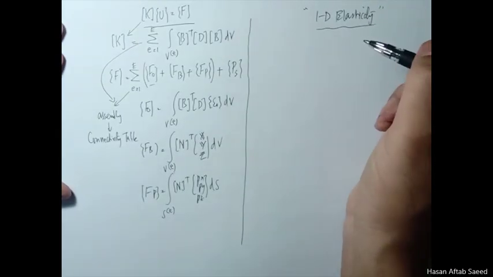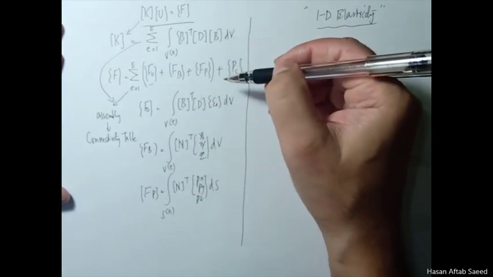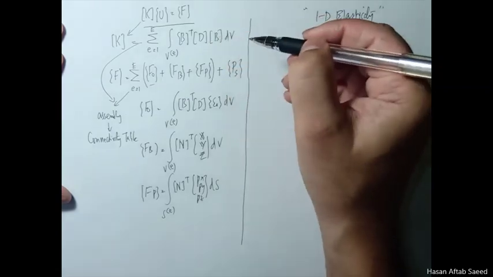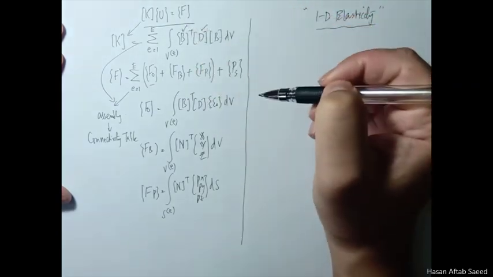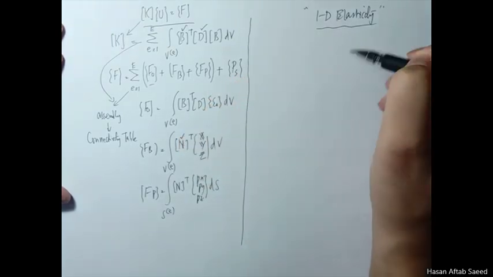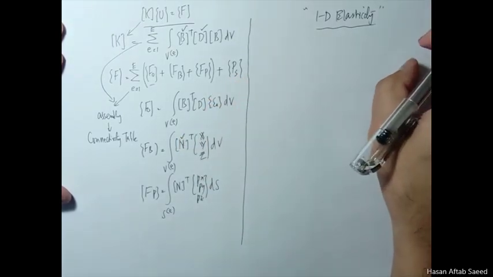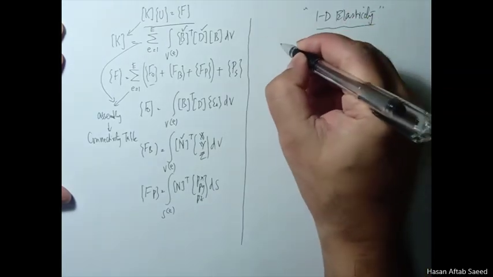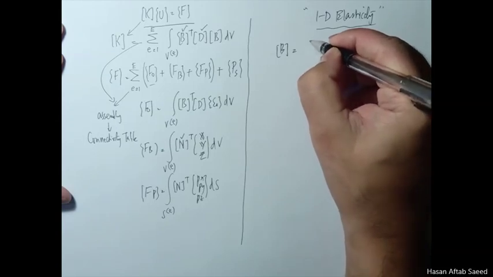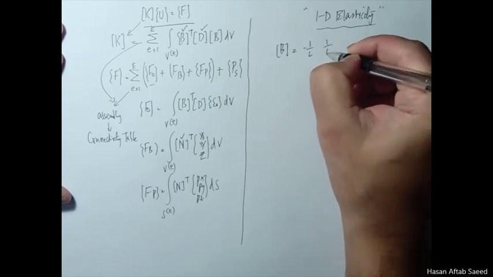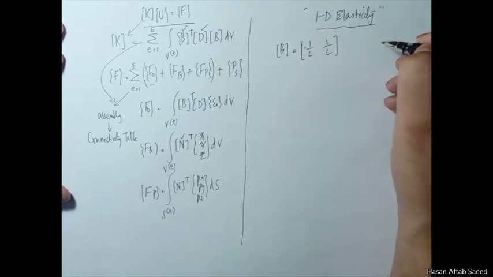Now, if you consider these, there are some familiar things. You're familiar with the D matrix, the B matrix, and the N matrix. I'll just recap. If you recall from one of the previous lectures, this B matrix is nothing but minus 1 over L and 1 over L for the 1D case.